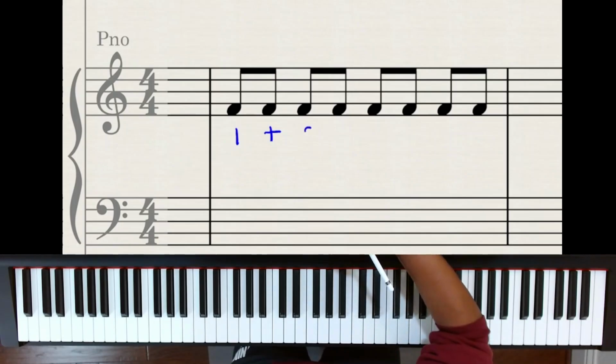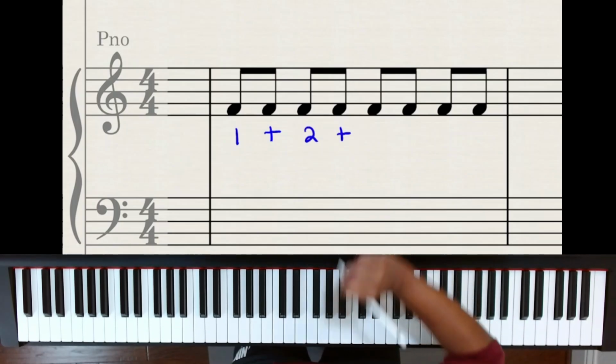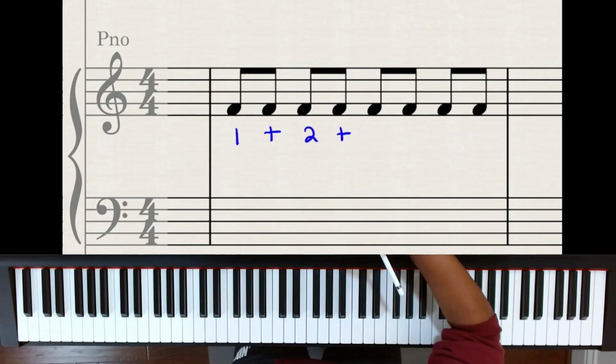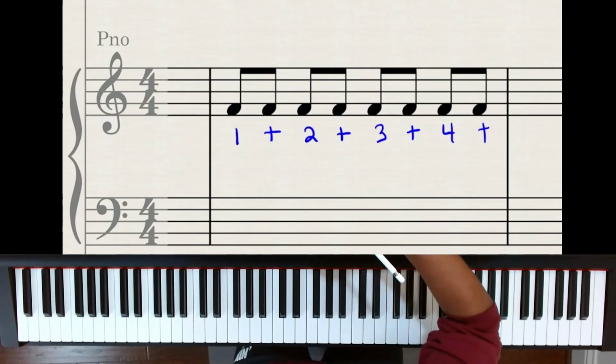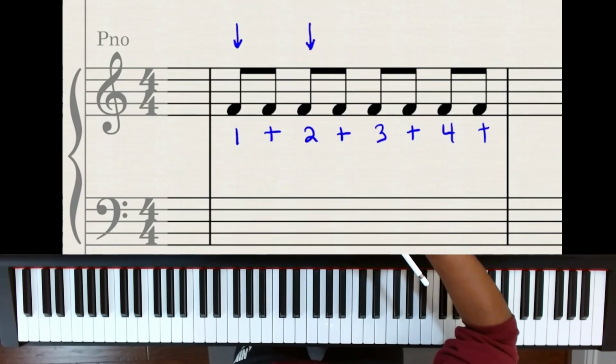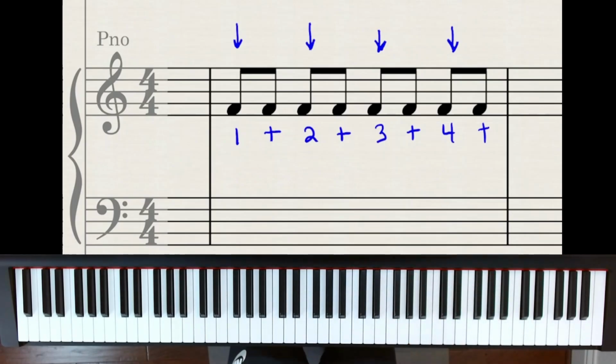Next is 2 and, 3 and, 4 and. Our downbeats are here, here, here, and here. So this one sounds like this: 1 and 2 and 3 and 4 and.